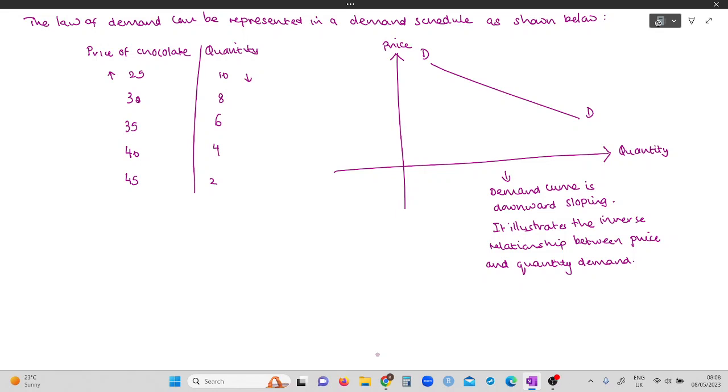Now we will show how changes in prices will affect the demand curve. Okay, so you can take this and then we move on.